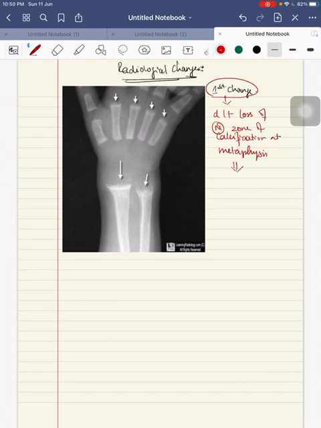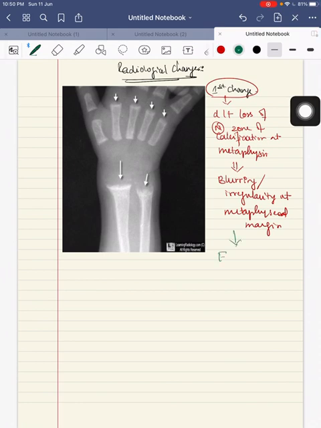This leads to blurring or irregularity at the metaphyseal margin. This you interpret in the radiological image as fraying of metaphysis.